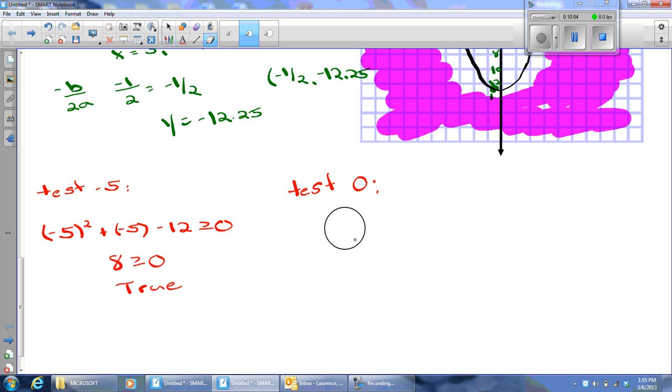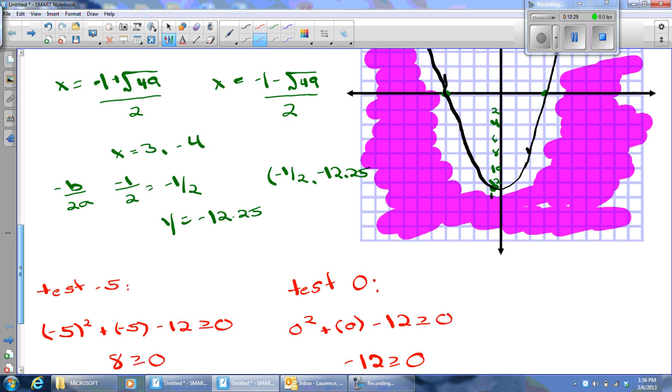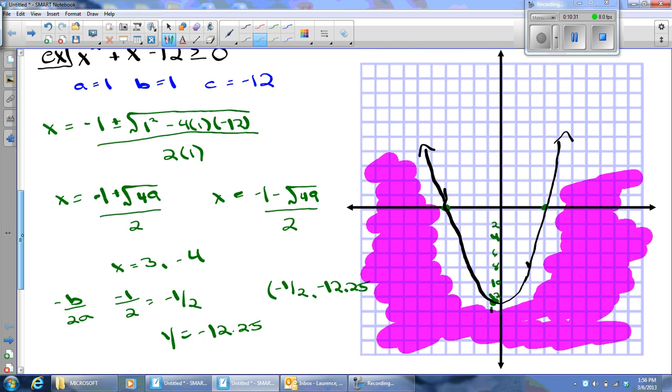And when we test 0, we get 0 squared plus 0 minus 12 is greater than or equal to 0. So we get negative 12 is greater than or equal to 0, which is false. So we do not shade the inside. So that is our final graphed answer.